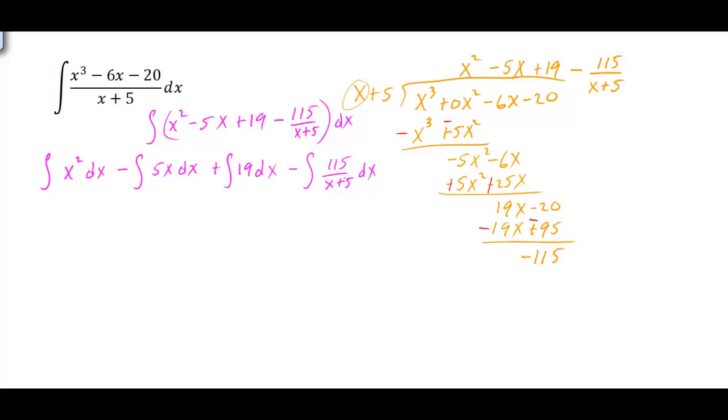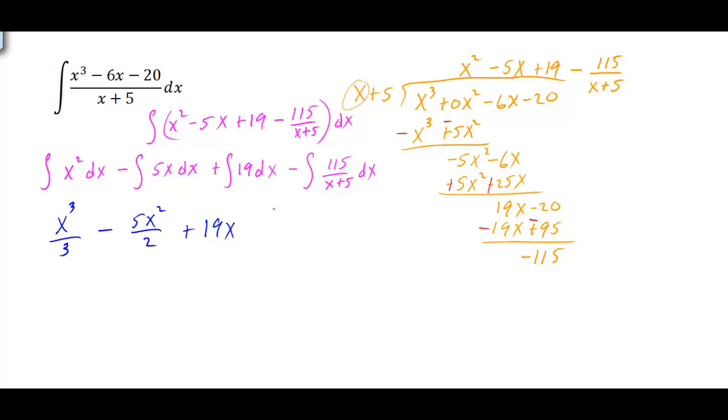But here I wanted to go ahead and just set this up to realize that we're really thinking of this as 4 separate integral problems. And if we look at the first 3 here, they're very basic. X squared dx, that's just simply going to be x cubed over 3 minus, and then we have 5x, so that's going to be simply 5x squared over 2. And then the 19, we're just going to plug an x in, so that's 19x.